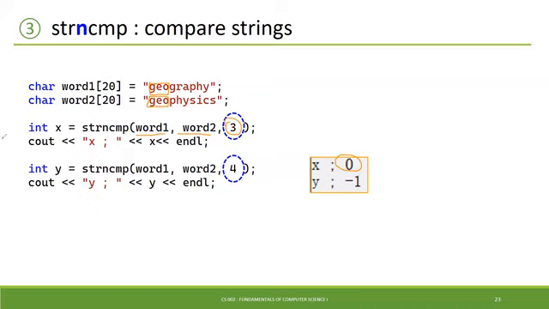In the next comparison, compare 4 letters: GEOG and GEOP. There are 2 different letters, G and P, and G comes before P, so the return will be -1.